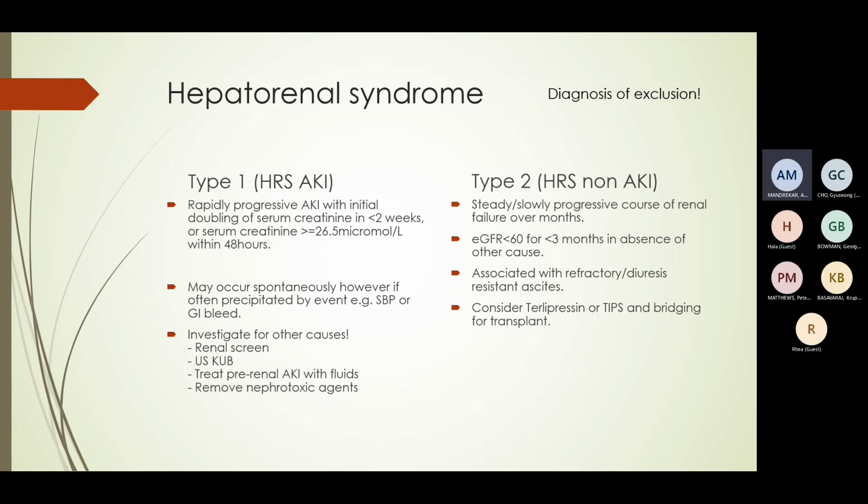But we can give them things like terlipressin, or they can have a TIPS shunt as a bridging means. But for hepatorenal syndrome, definitive treatment is a transplant. Type 1, we treat that as if it's a pre-renal AKI and hope they get better and become a bit more stable. Key thing, diagnosis of exclusion. It's much, much more likely to be just a pre-renal AKI than type 1 hepatorenal syndrome.